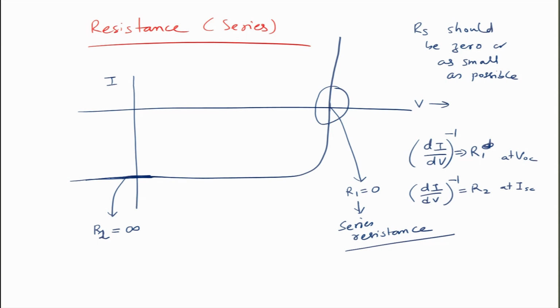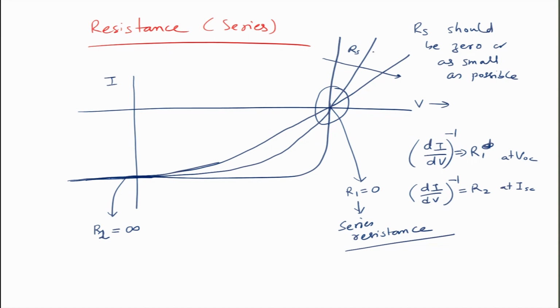So, as the device performance changes, let us say if you have series resistance alone that changes, then the behavior is like this. And this direction would mean that your series resistance is increasing. At this point when it is vertical, R1 is equal to 0, which is Rs actually.